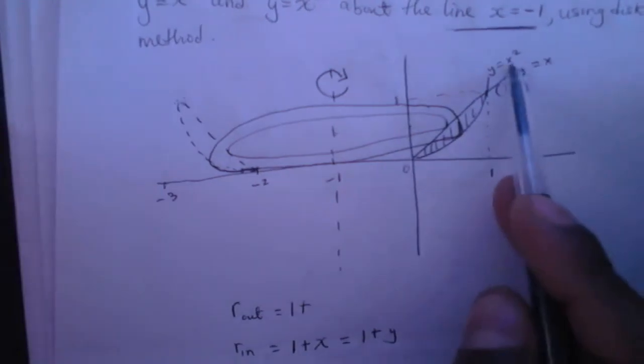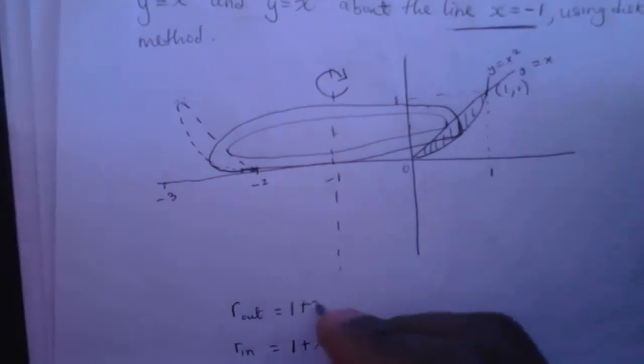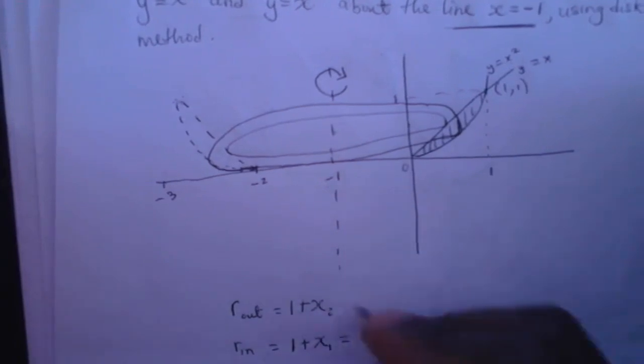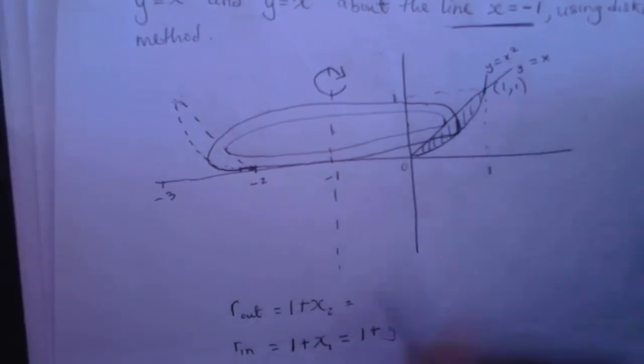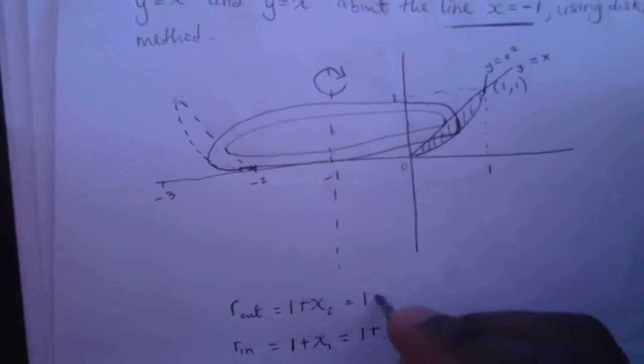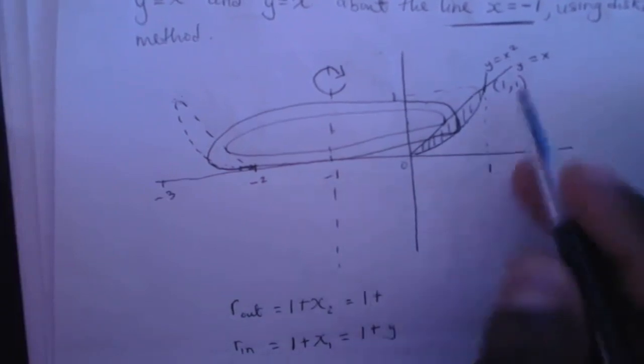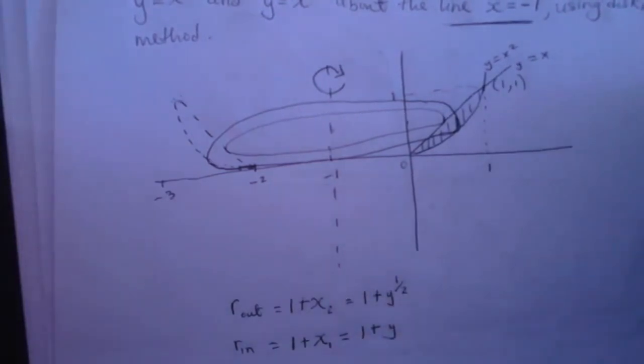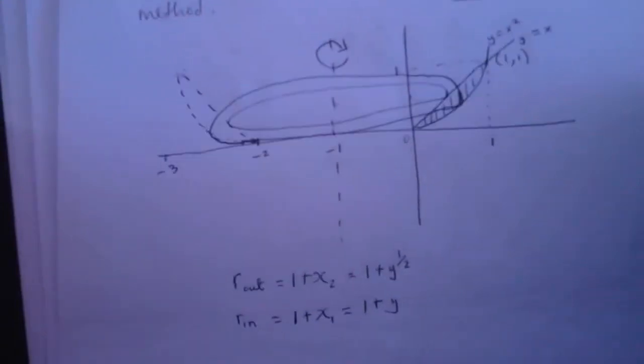I'll call this one x1 and I'll call this x2 just so that we can distinguish them. For x2, there's a parabola. We know that we integrate in terms of y, so it's just going to be 1 plus, making x the subject, y to the power 1/2. There we go. There you have your outer and inner edges in terms of y.